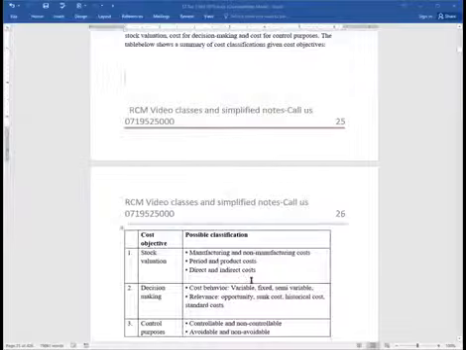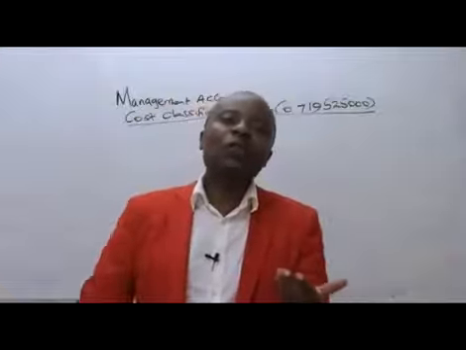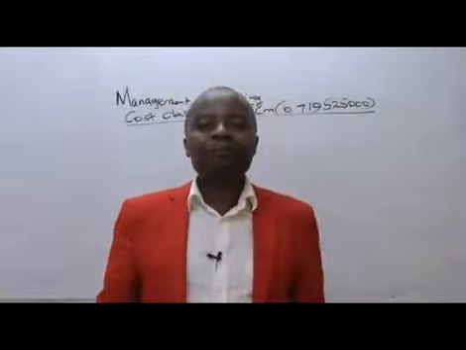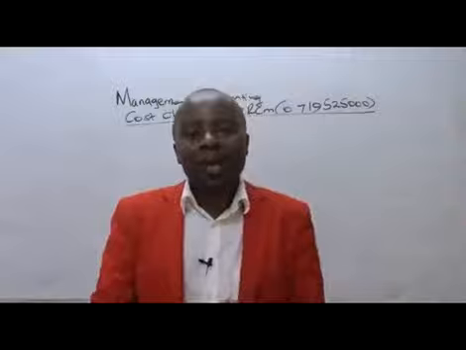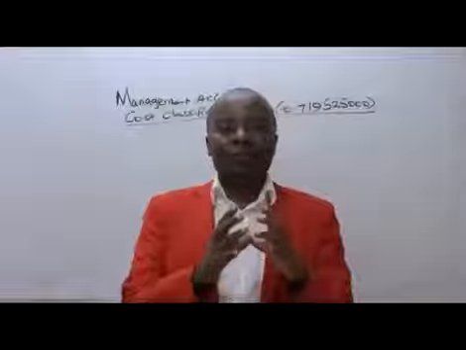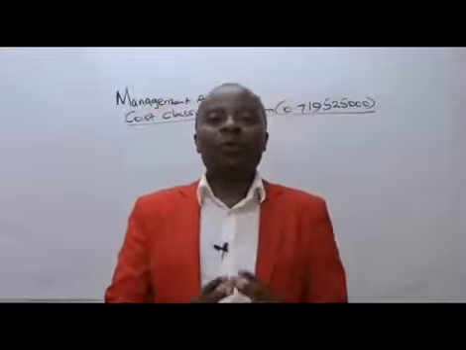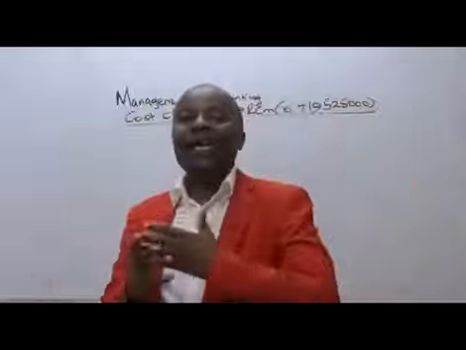Direct costs, ladies and gentlemen, are those costs that are attributable to the products that you produce. These are those costs that have got a positive relationship with the number of units that we produce. Should we produce more, then the direct cost will be more.